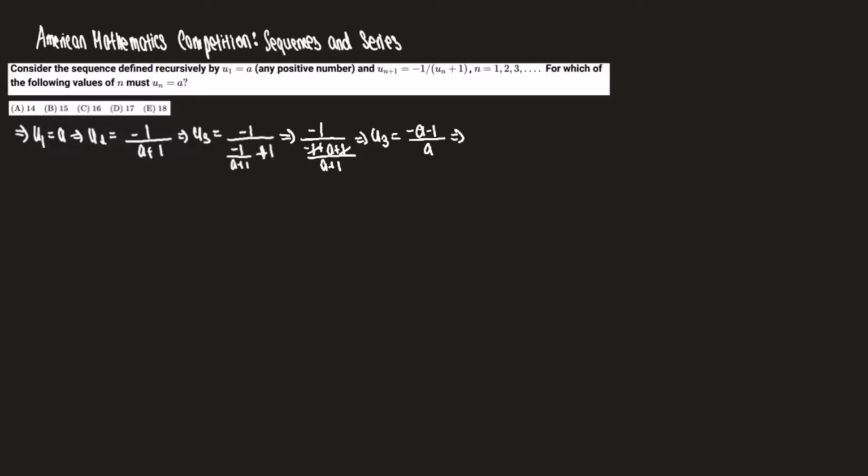Alright, u4. u3 is negative a minus 1 divided by a. So u4 is going to be equal to negative 1 divided by negative a minus 1 over a, plus 1. Let's see if we can get somewhere by simplifying that.